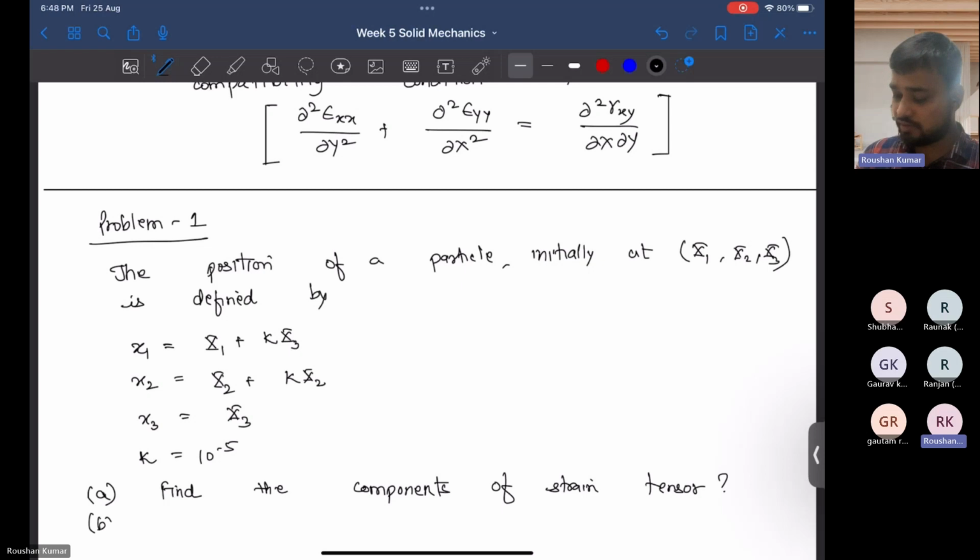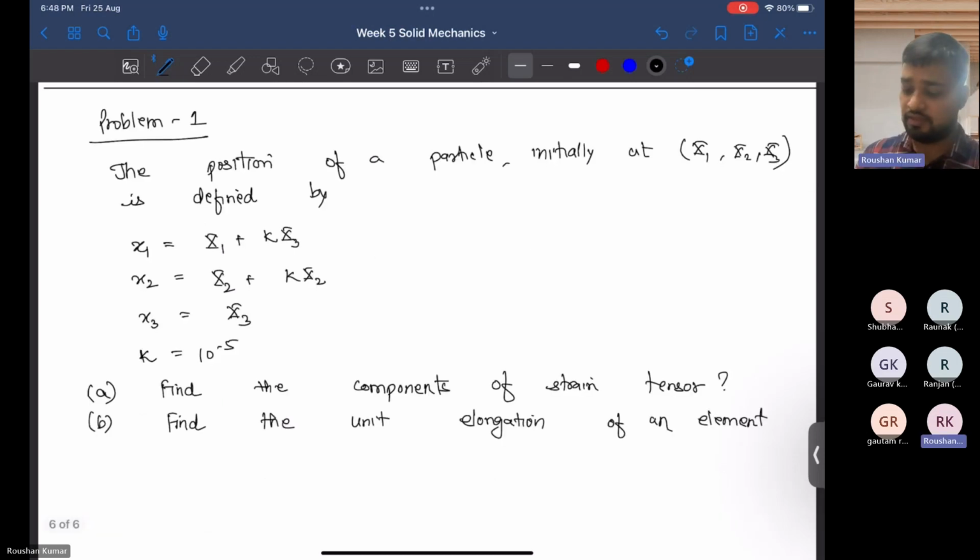And the next question is: find the unit elongation of an element initially in the direction of E1 plus E2.